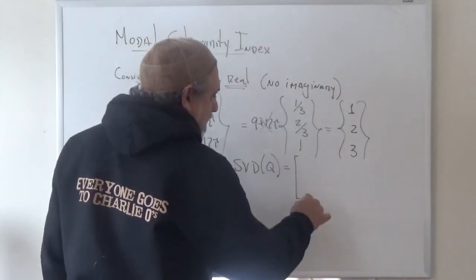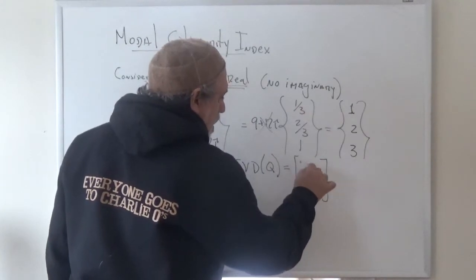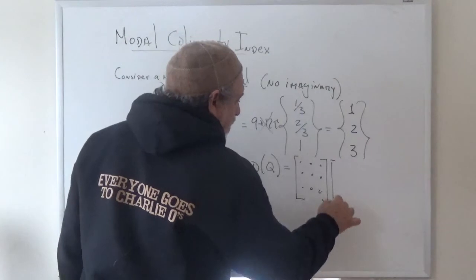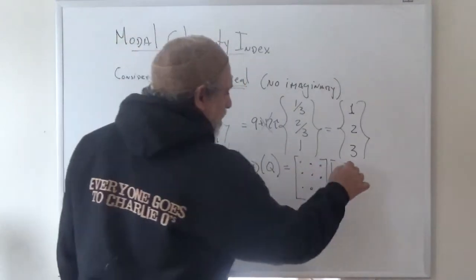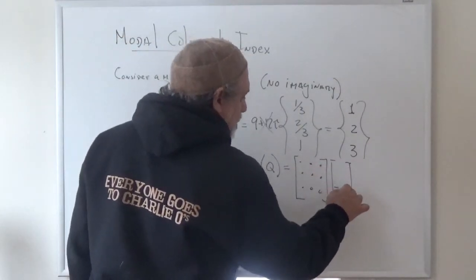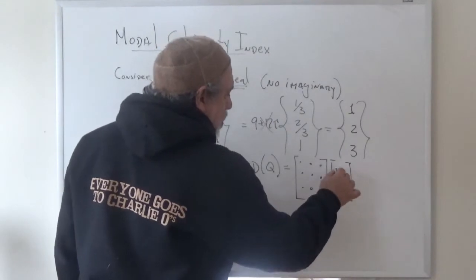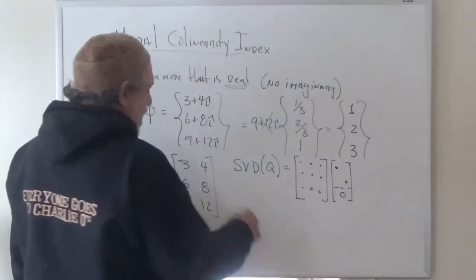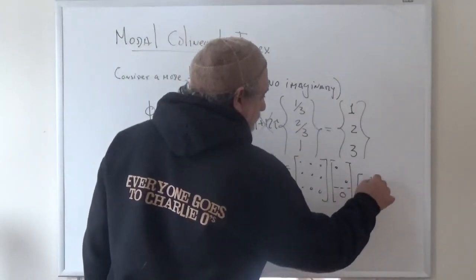So we would have a 3 by 3. Then a matrix of the size of the matrix itself, which is 3 by 2. So that's a 2 by 2 with the singular values. That would be 0. And then we have a 2 by 2 here, right?